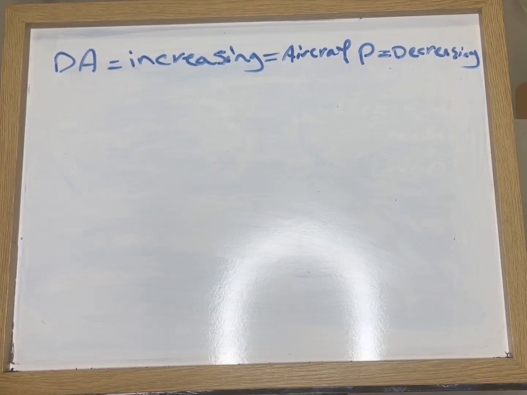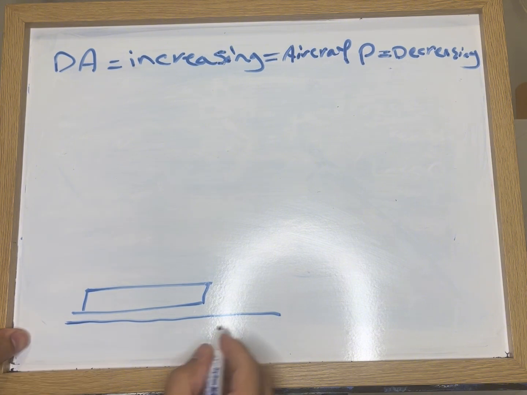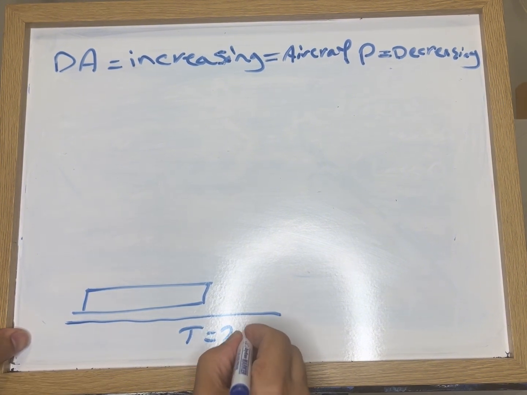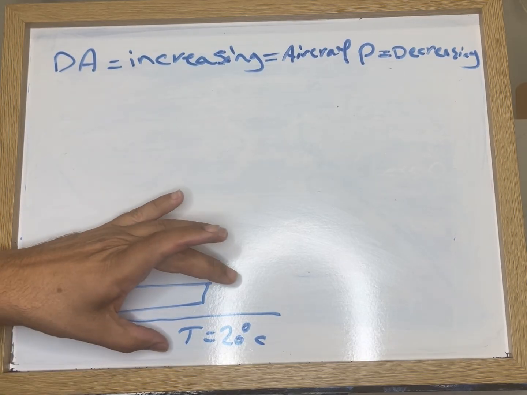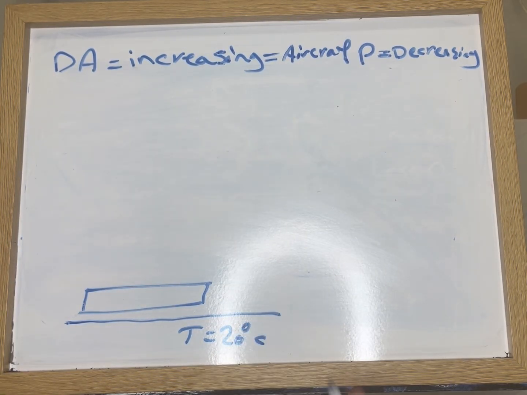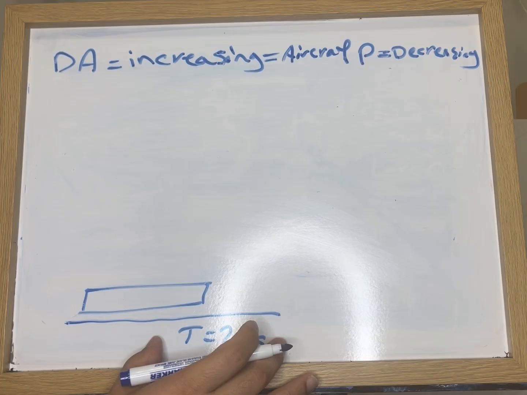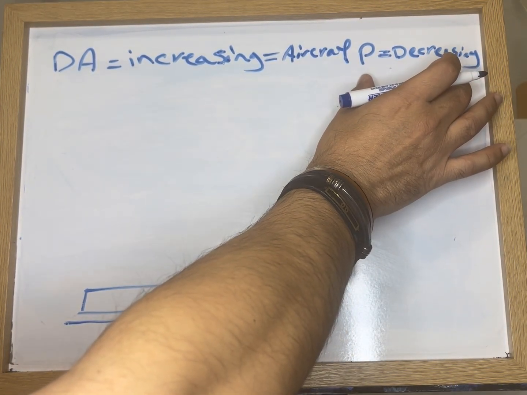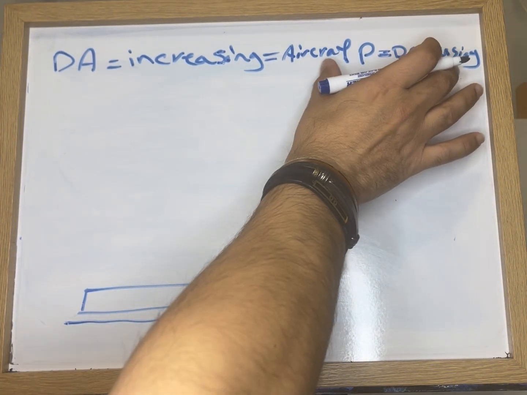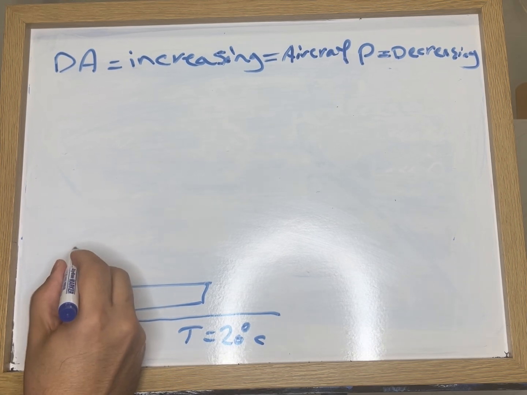We are assuming you are at a runway and the temperature is equal to 20 degrees centigrade. It doesn't matter whether you are on the ground at sea level or at an elevation of 1000 feet. But due to the temperature being warmer, aircraft performance decreases. So decreased aircraft performance can impact takeoff distance.